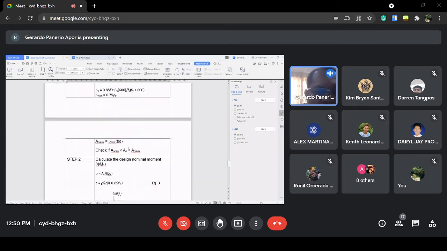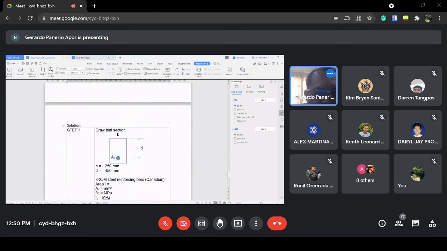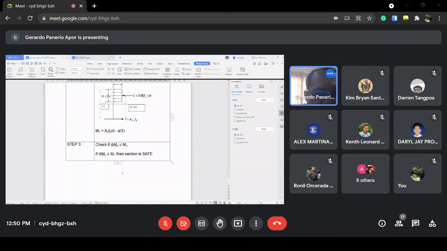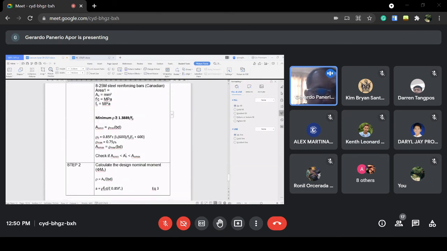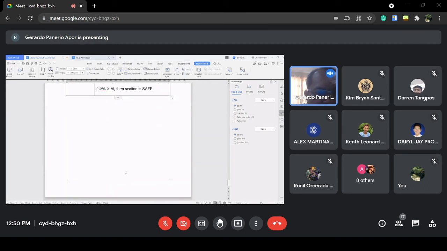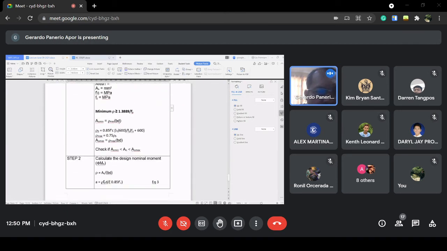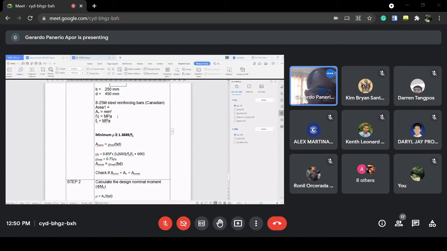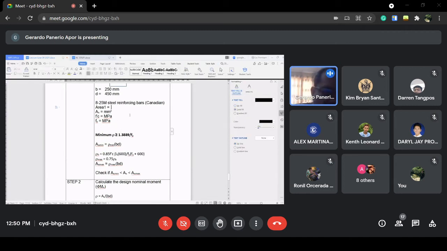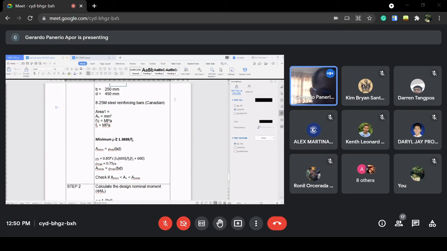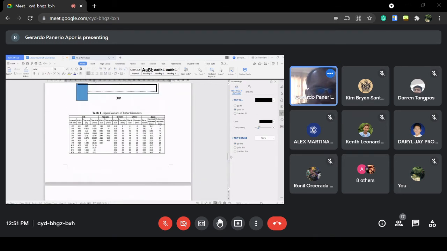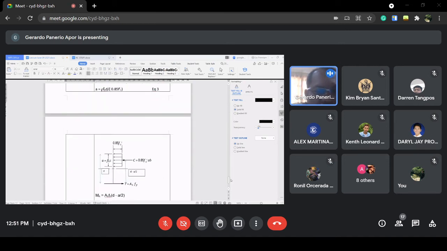So to compute the area of one bar, where is it? Area of one bar, first I will include dia. The dia is that 25.2.